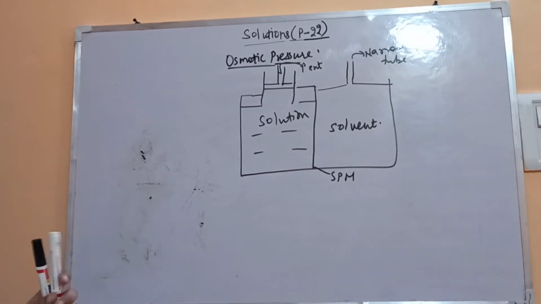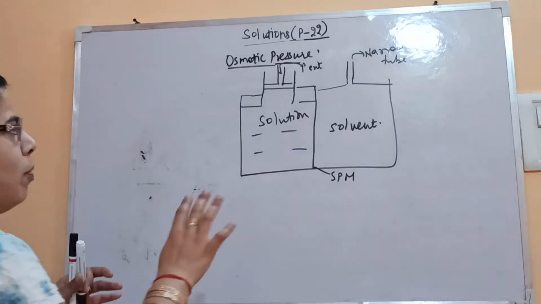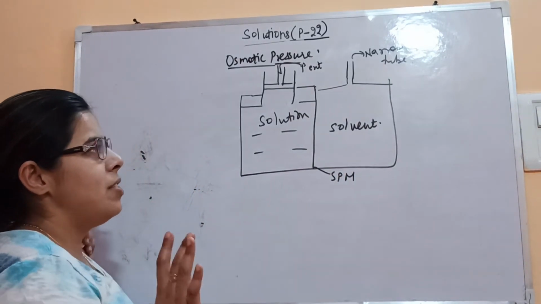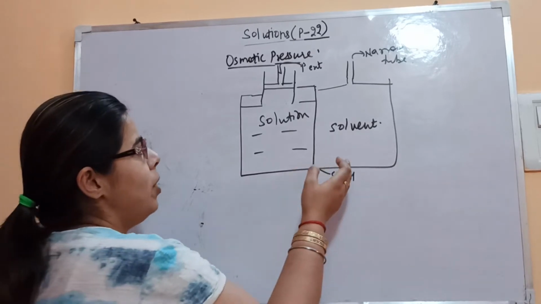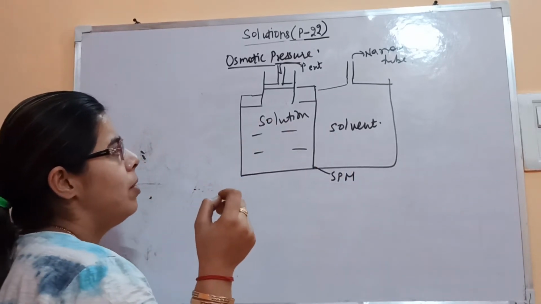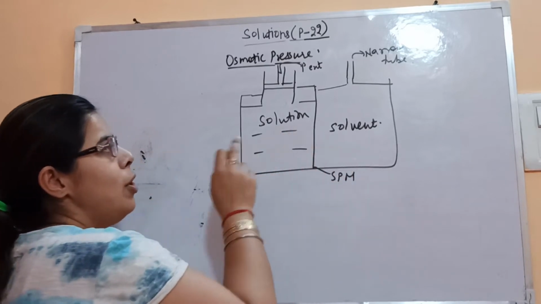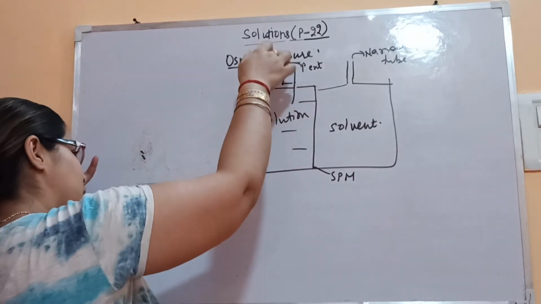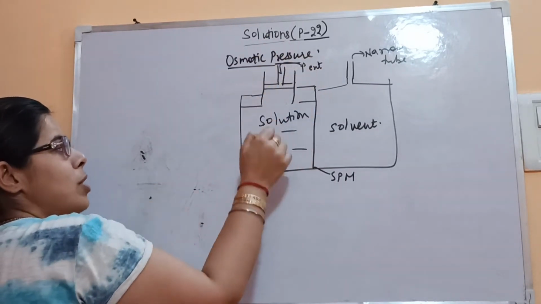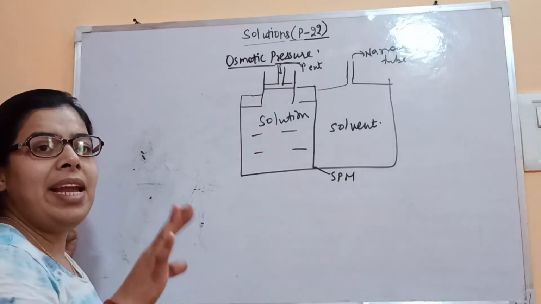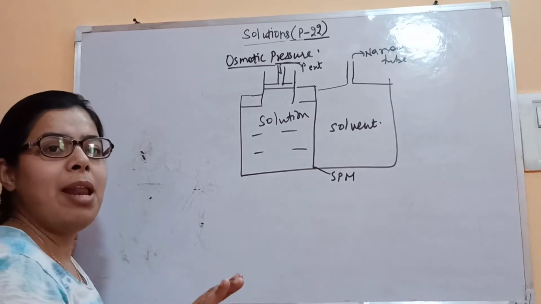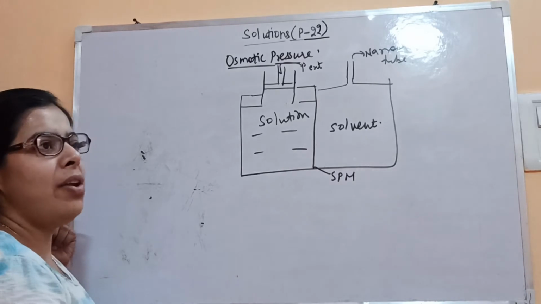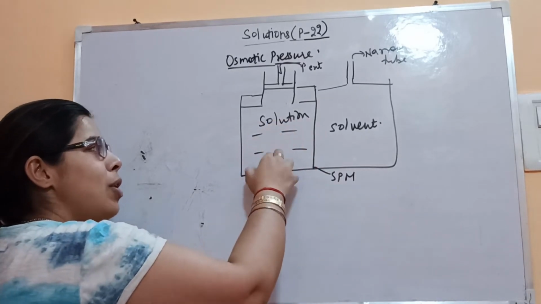Osmosis will take place because there is a difference in the vapor pressure of both the solution and the solvent. So osmosis will start taking place, that is the movement of the solvent molecules from the solvent to the solution side. Now here we are applying pressure from outside, to the solution side, so that the entry of the solvent molecules can be stopped, to prevent them from entering the solution.